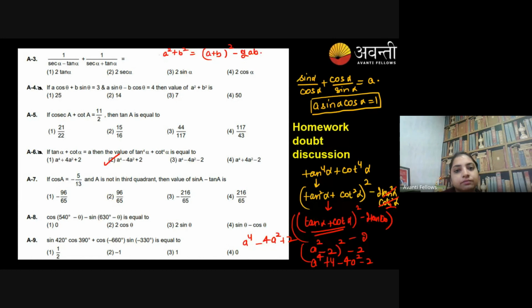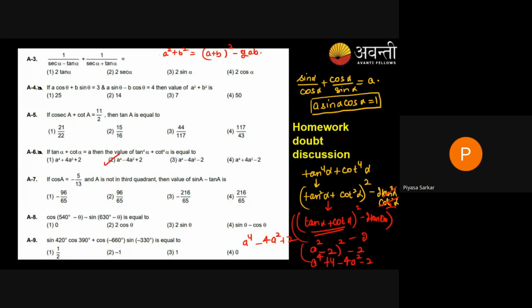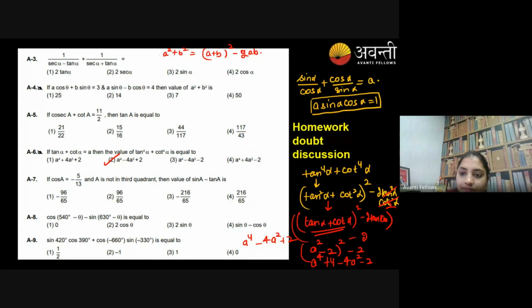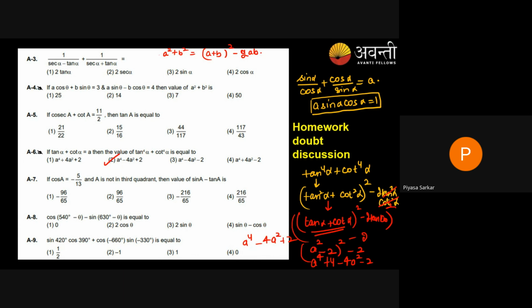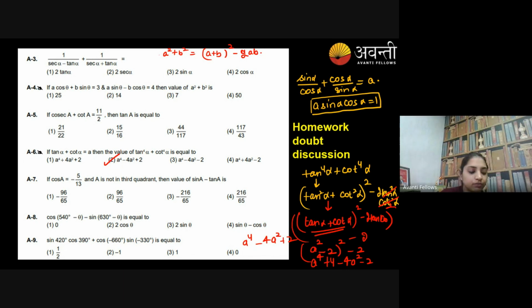Have you ever seen? Yes, ma'am. Same thing I have done. Because tan and cot are reciprocals of each other, they are cancelled. Okay, ma'am. Got it? Yes, ma'am. Okay. Anyone else who is having doubt?